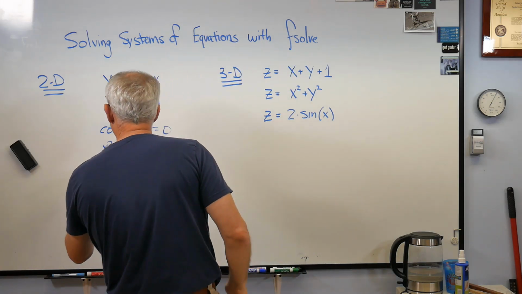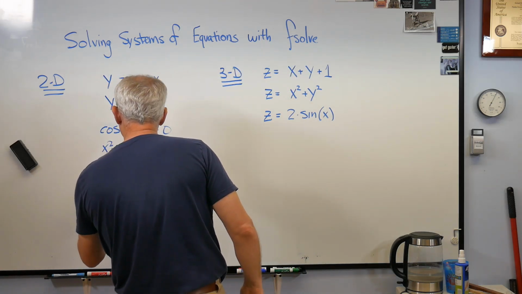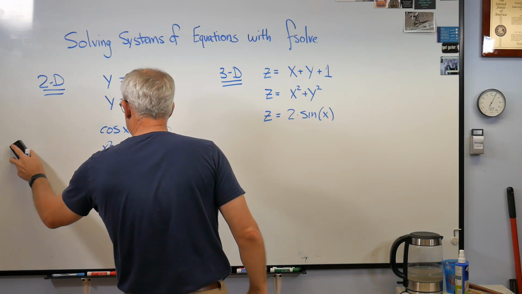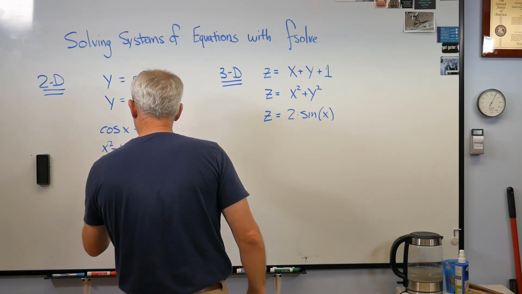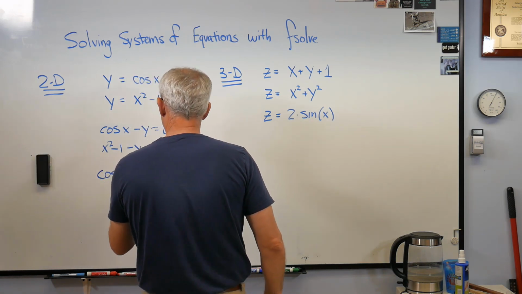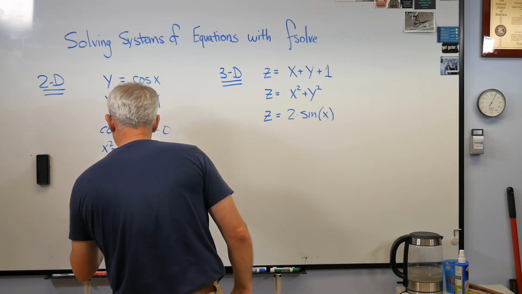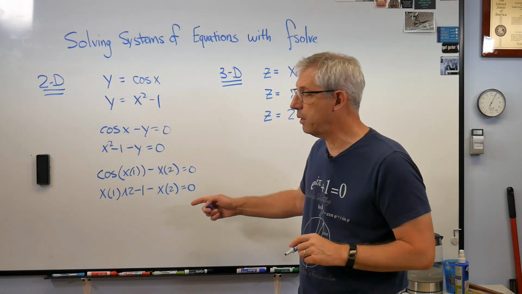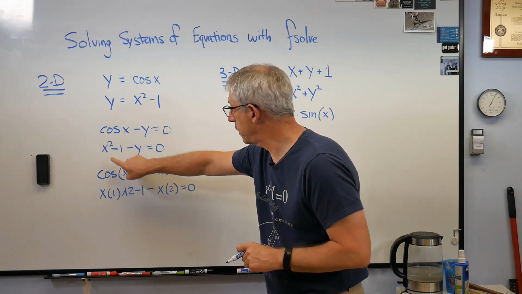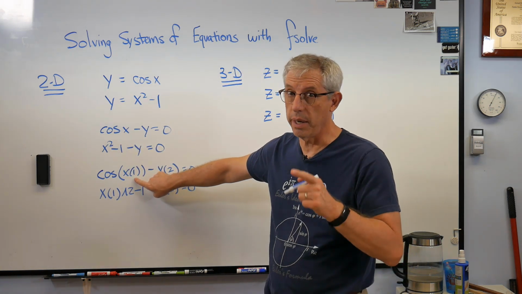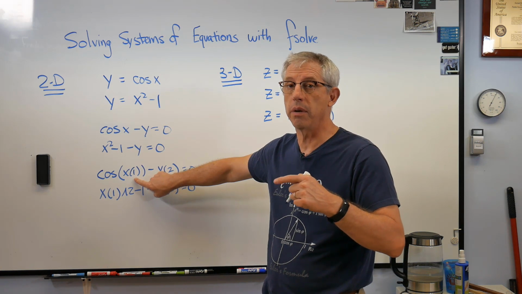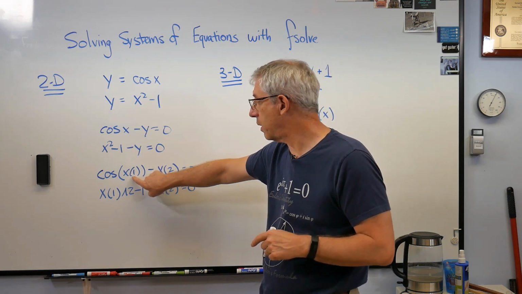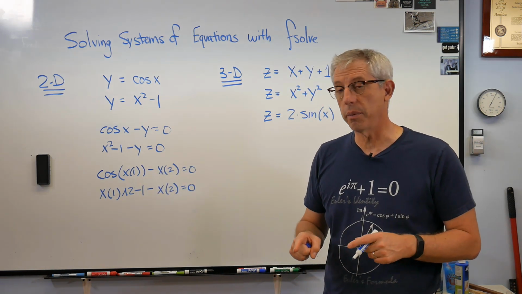So here's what I'm going to get. And I'm going to write this down with lots of parentheses and MATLAB lingo here. Okay, so that's what it's going to look like, right? Cosine of x, which is now x1 because x is now an element of a vector of variables, and that sub 1 means that's just the first element in that vector.